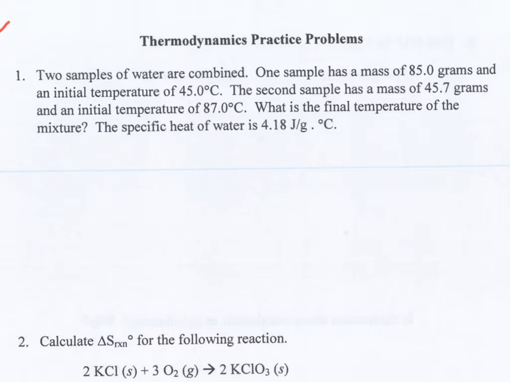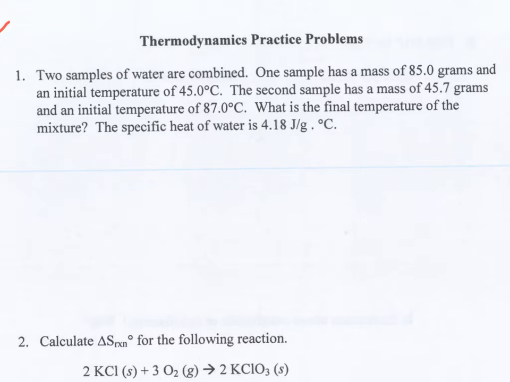One sample has a mass of 85 grams and an initial temperature of 45.0 degrees C. The second sample has a mass of 45.7 grams and an initial temperature of 87.0 degrees C. What is the final temperature of the mixture? The specific heat of water is 4.18 joules per gram per degree C.